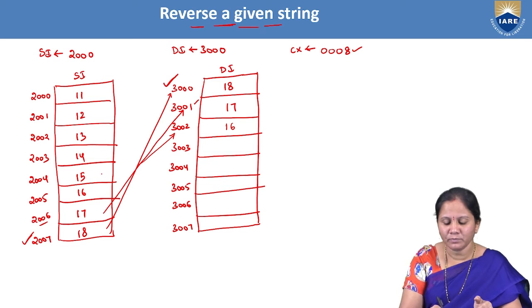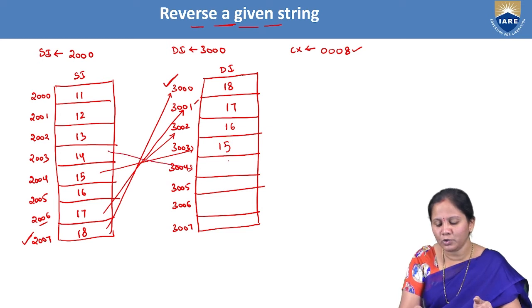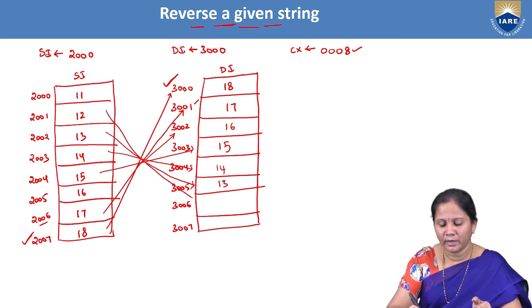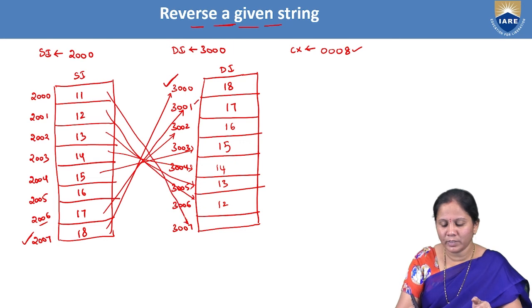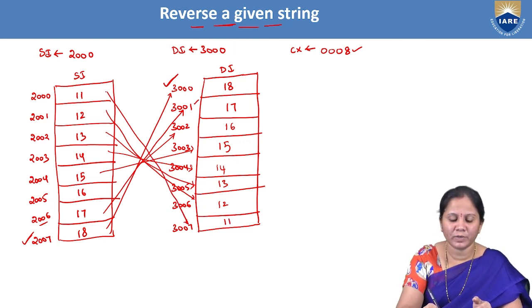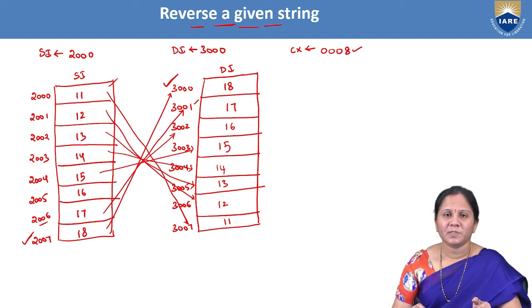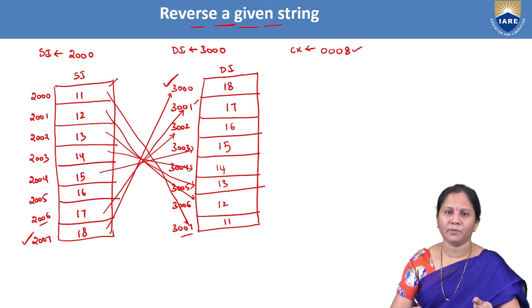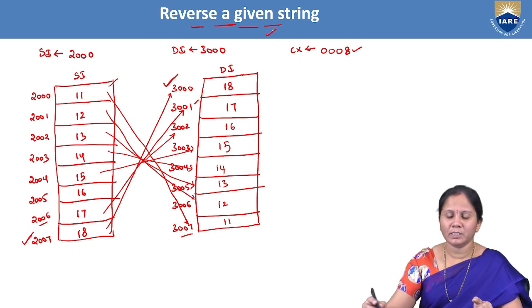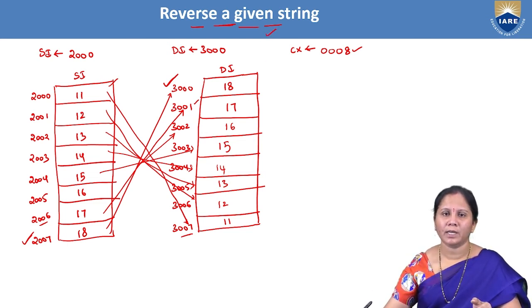Similarly, here we should get 15, here 14, here 13, next 12, and here we should get 11. That means the first value present in the 2000 location should be moved to the last position, that is into the 3007 location. In order to implement this logic, let us see how to write an assembly language program.